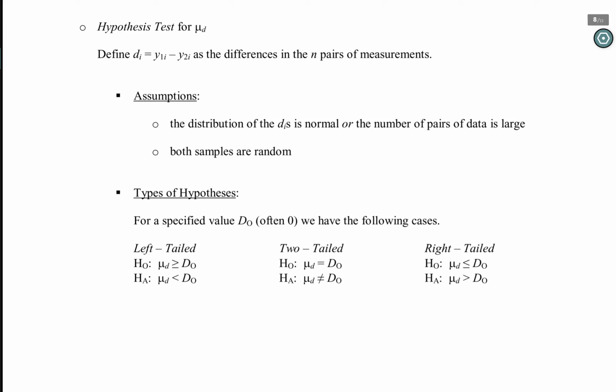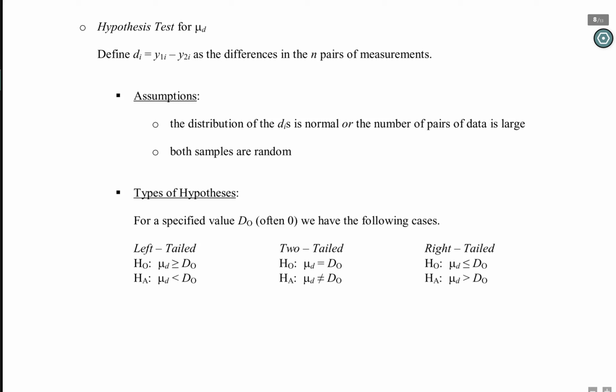Okay, and these assumptions in tandem are equivalent to an assumption of the t-test on a single population mean, or a z-test on a single population mean if the sample sizes are large. Okay. With these assumptions, we can test these kinds of hypotheses.